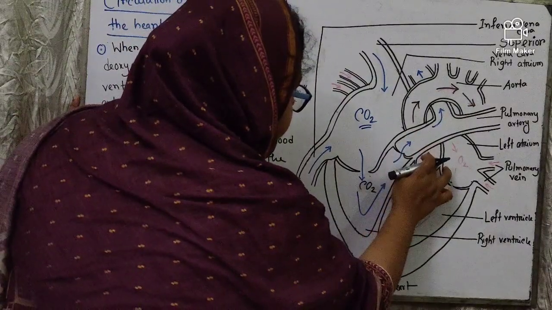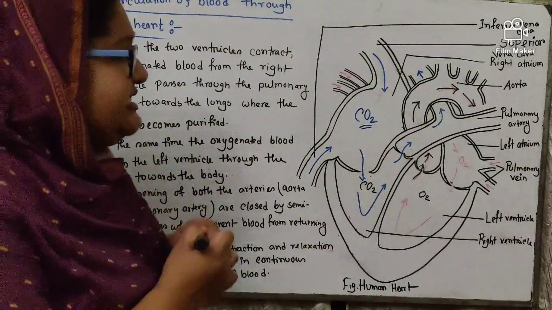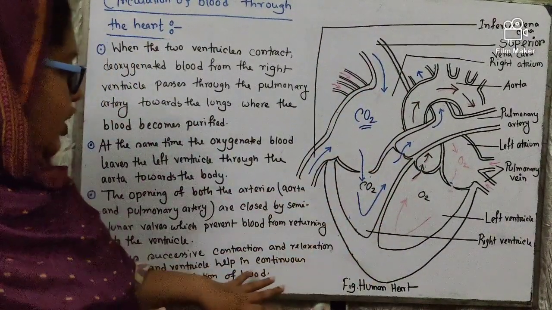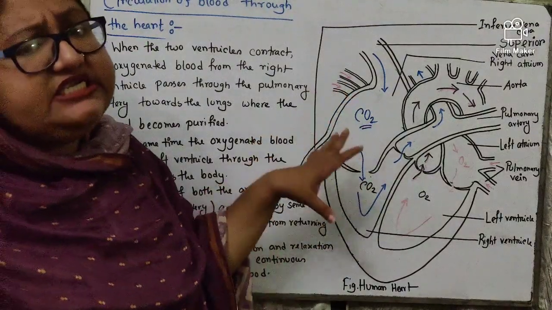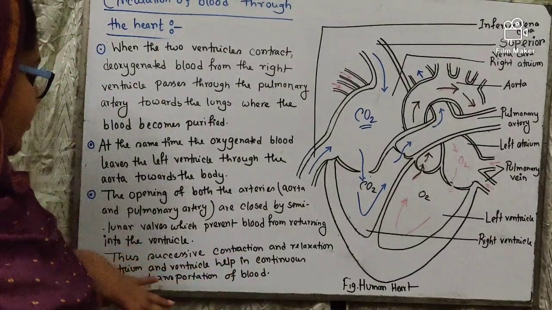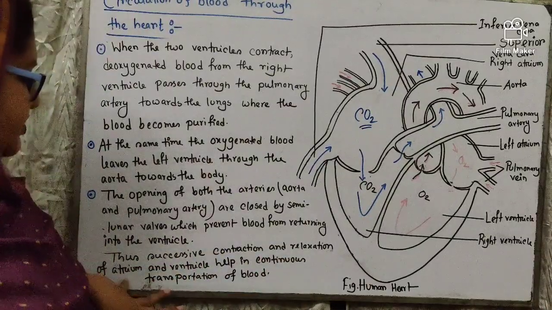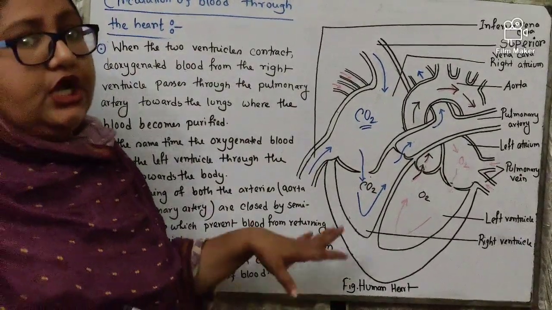Okay, now thus the successive contraction and relaxation of atrium and ventricle help in continuous circulation of blood throughout the whole body. Actually, what is happening? Thus, successive contraction and relaxation of atrium and ventricle help in continuous transportation of blood.